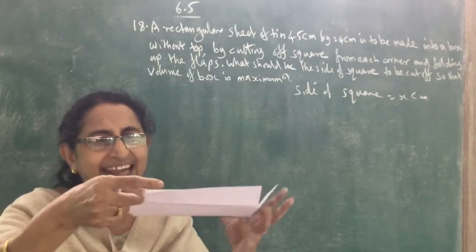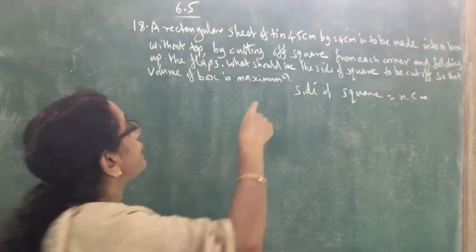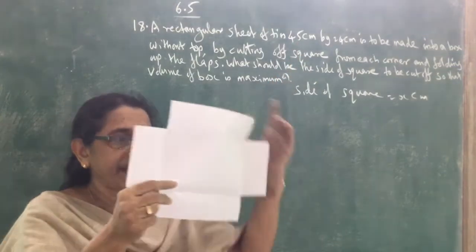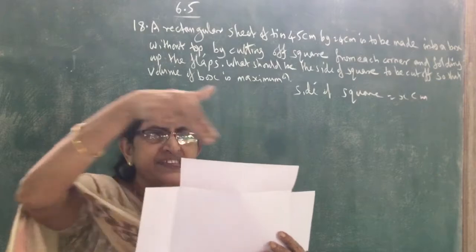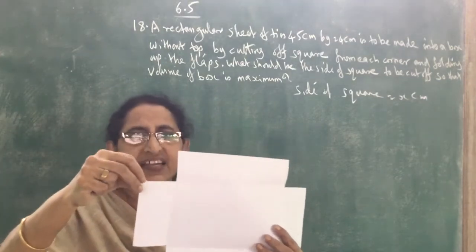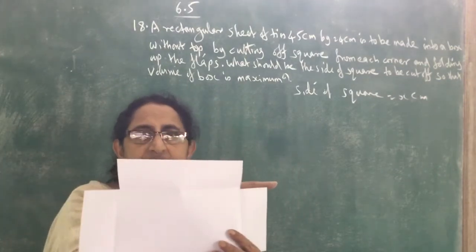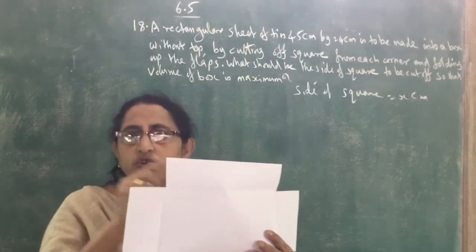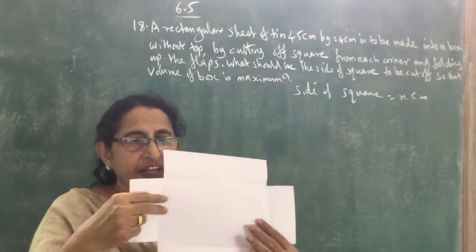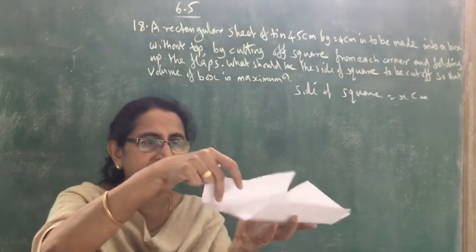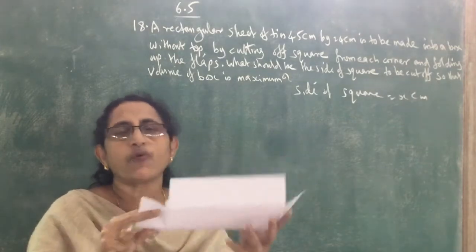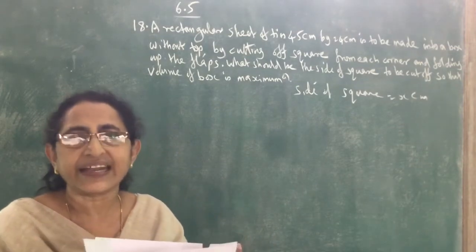Then what is the volume of the box? The total length of the rectangle is 45 centimeter, and from this side x centimeter and from the other side x centimeter. So x plus x should be reduced. See, the volume of the box equals base area into height.